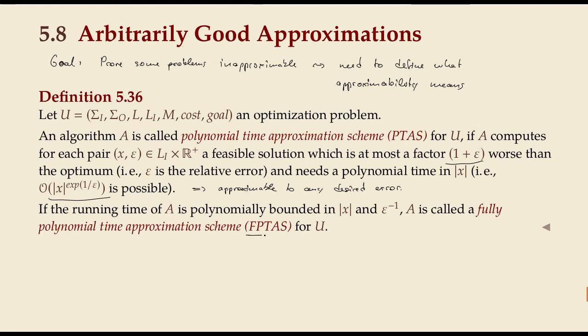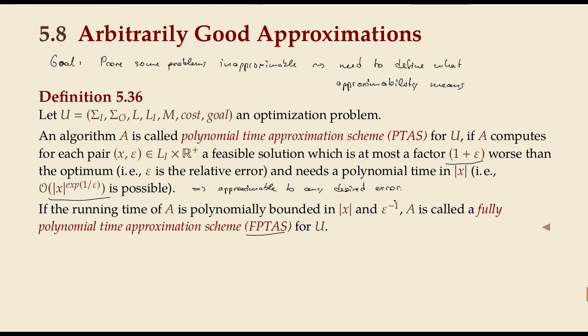Therefore, what you would like to have in practice is actually an FPTAS, a fully polynomial time approximation scheme. And there we require, in addition to what the PTAS is, that the running time is polynomial in the length of the input and 1 over epsilon.